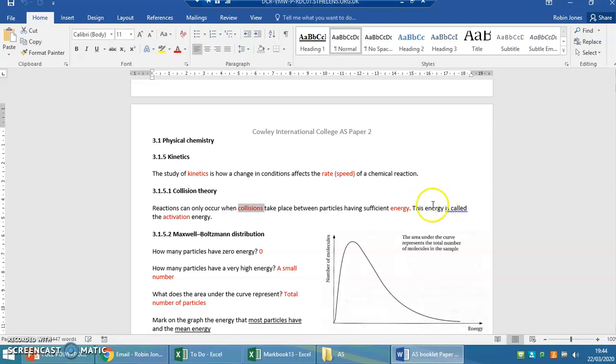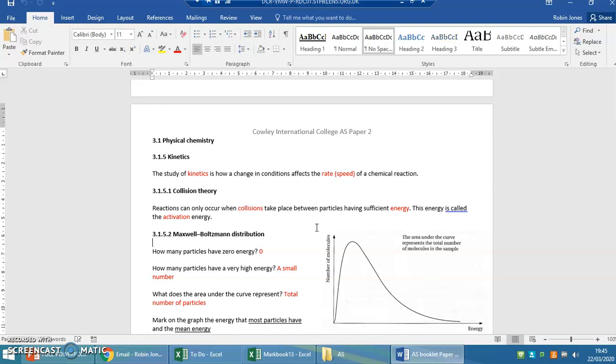The energy that's required for a reaction to take place, the minimum, the smallest amount of energy required, is called the activation energy. Therefore, when particles collide or bump into each other, if they have the activation energy, or above, then they have sufficient energy and a reaction will occur.